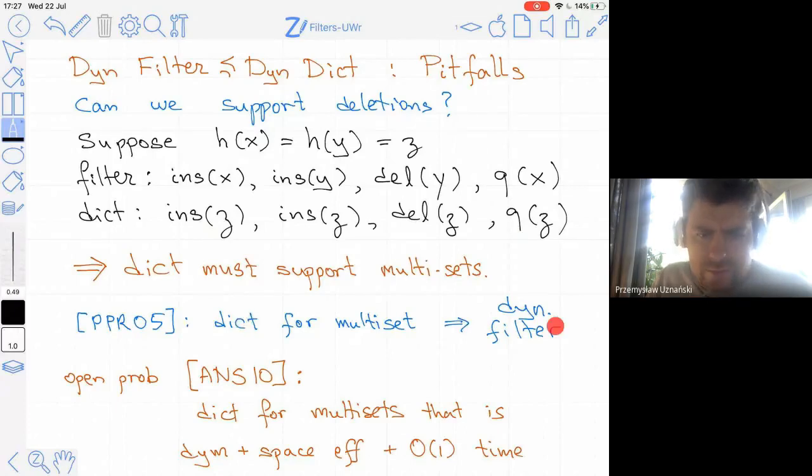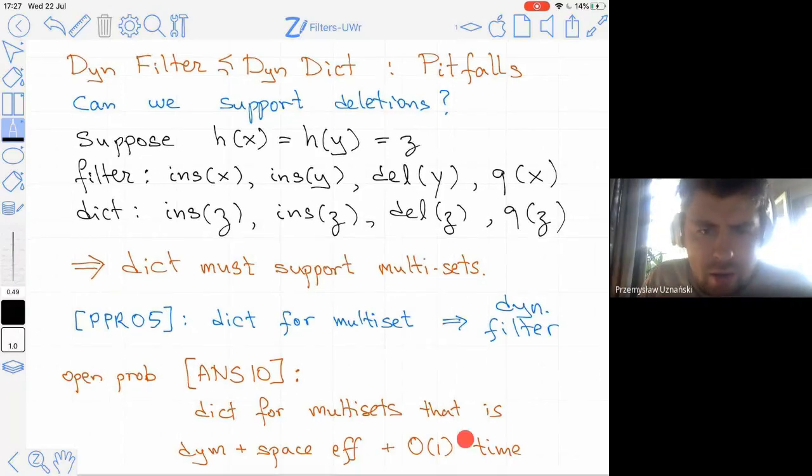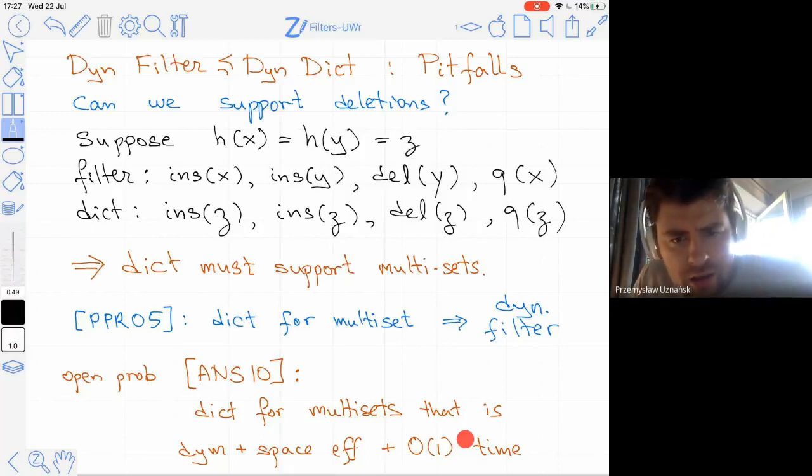And it remained an open problem, again phrased by Arbitman, Naor, and Segev back in 2010, of how to design a dictionary for multisets that is dynamic, space efficient, and performs operations in constant time in the worst case. So we're talking about worst case constant time.